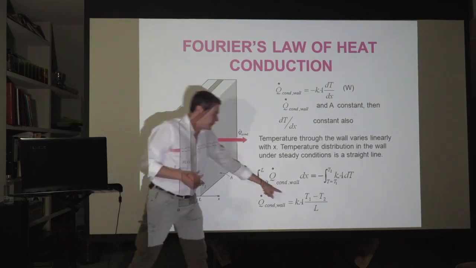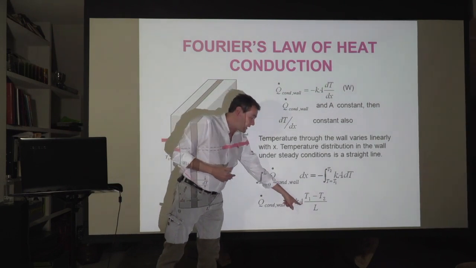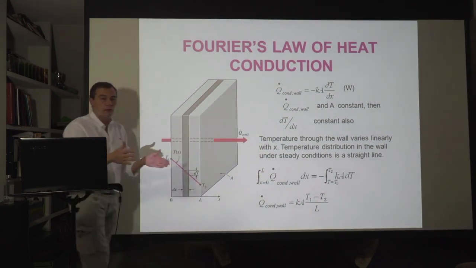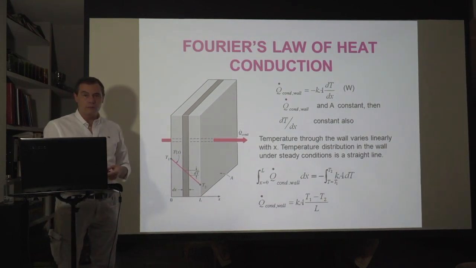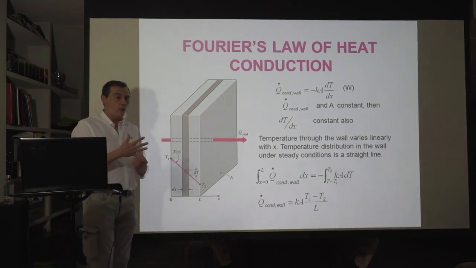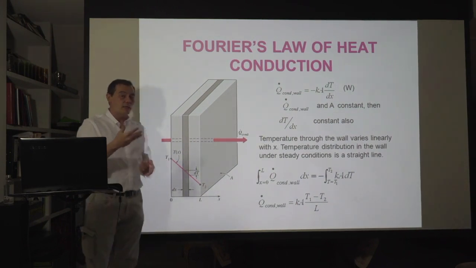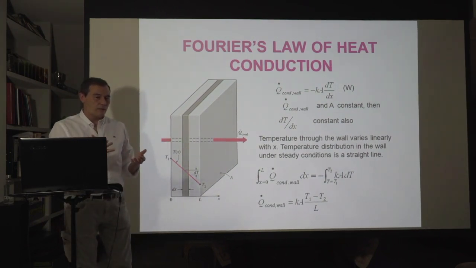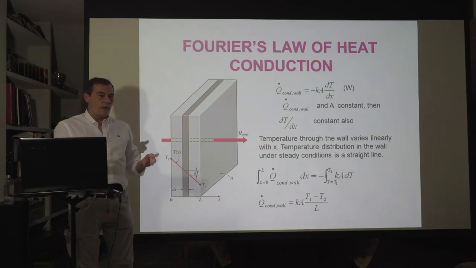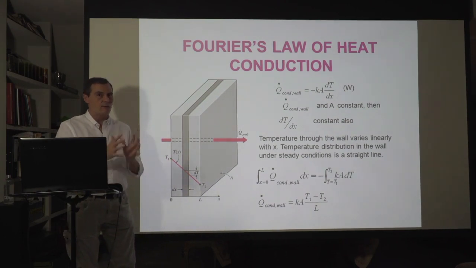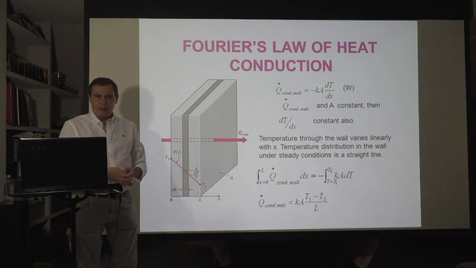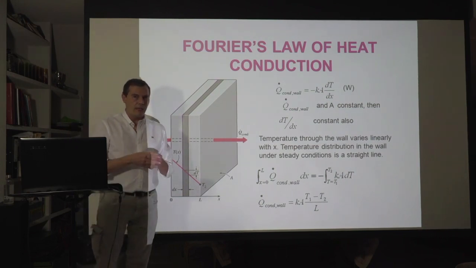We know the material we're working with, we know the areas, and we know the thickness of the material. So if we know that, we know the heat flow. And if we know the heat flow, we can dimension the heating loads. And if I know the heating loads, I can know what my electricity bill or my energy bill will be next month. So that's why this is important. Okay, thank you and see you.